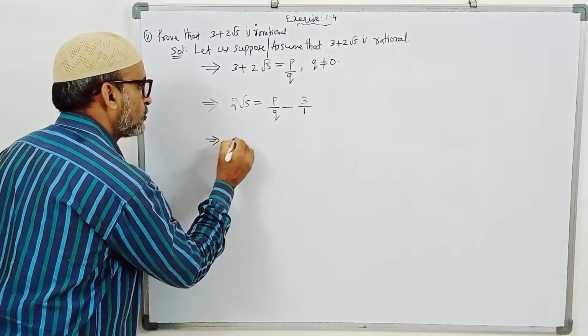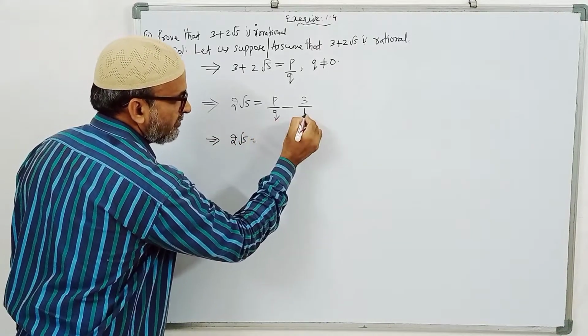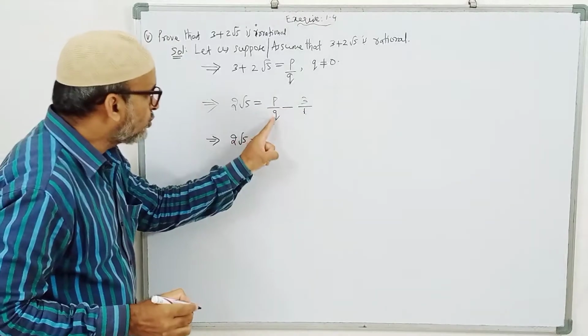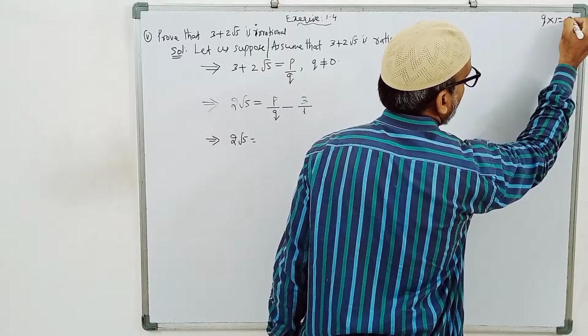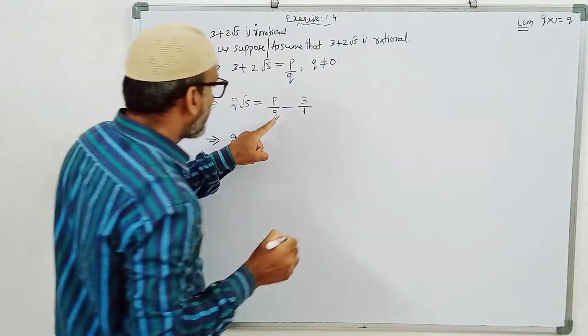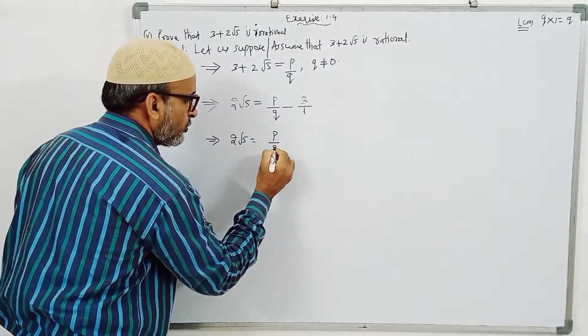Implies 2 root 5 is equal to P by Q minus 3. This is a fraction, meaning by 1. The denominators are not the same, so make them the same. To do that, we take the LCM of Q and 1, which is Q. Now convert the denominators into that LCM. P by Q, already Q is there.